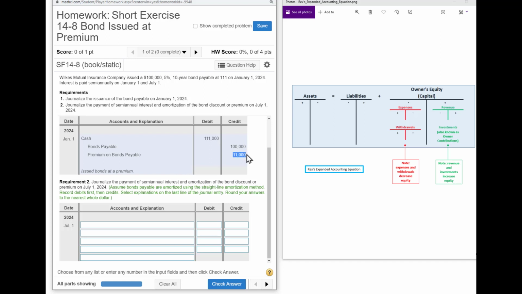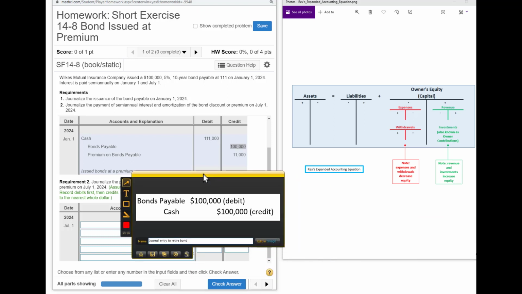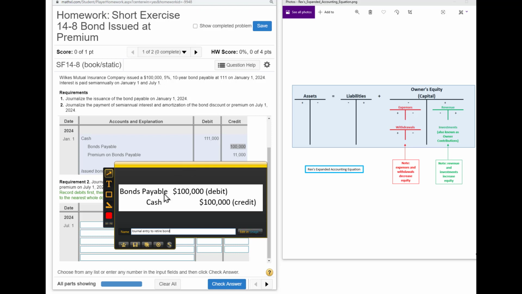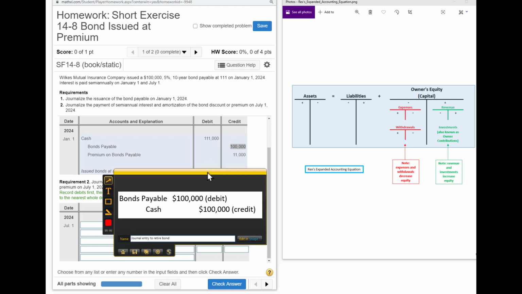So this premium needs to be gotten rid of over the life of the bond. Why? Because when we pay off this bond, we need to lower this by 100,000, and then we need to lower cash by 100,000. So at maturity, the transaction would look like this. We get rid of bonds payable, and then cash goes down. Notice this transaction balances. There's no room for anything else.